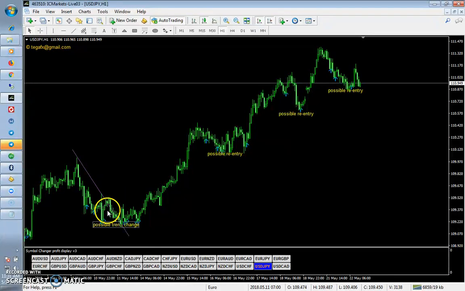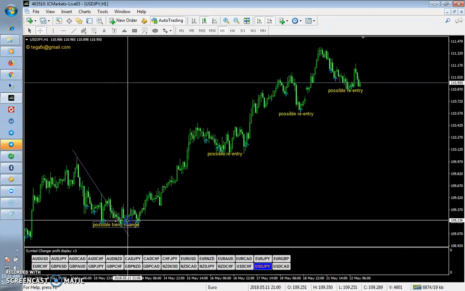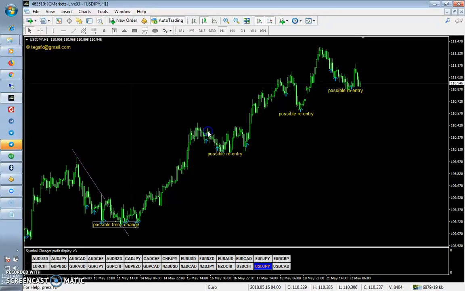Now if you watch very well, at this point there's a break. There was no good retest, so I wait. It came down again, there was a break, and finally there was a retest, and an additional arrow confirming it. So at this point I enter. Then at this point I receive another type of arrow called possible re-entry.